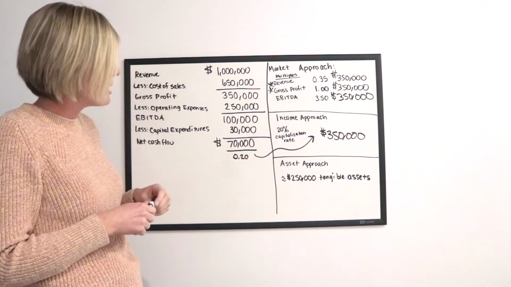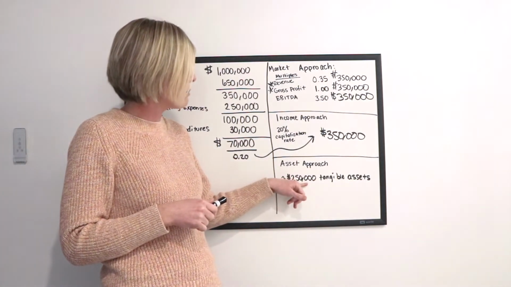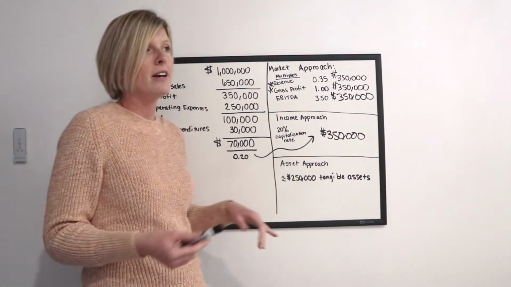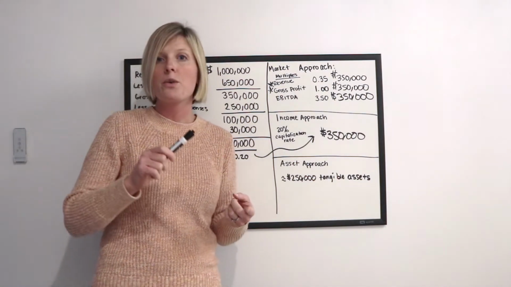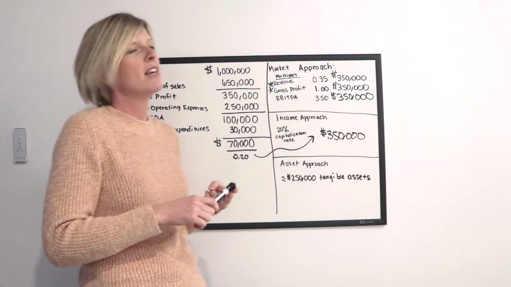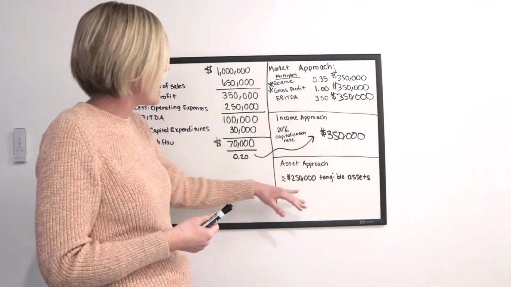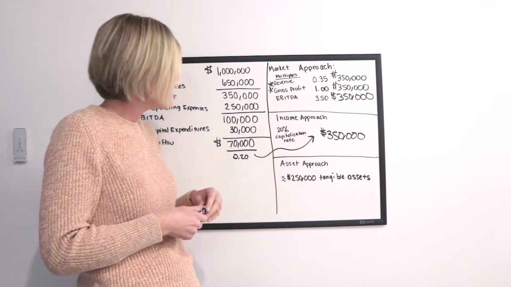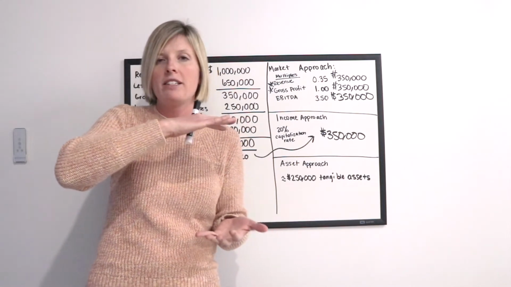The asset approach is going to be a little different, although we're going to be relying on appraisals done by other experts, equipment appraisers or real estate appraisers that are going to come up with values for the assets that we have within our company, and we're going to just add all those tangible asset values up.